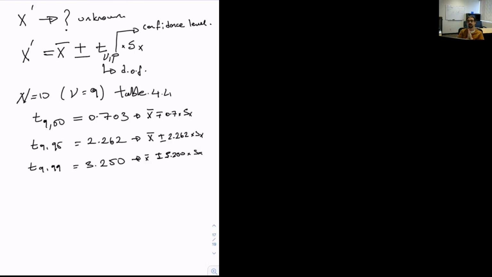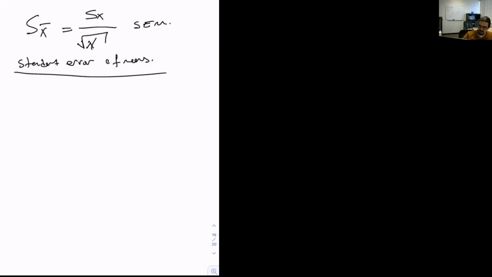For example, I am 50% sure that the measured values will be in this range, but if you want to say 95% of the measured values are in a certain range, you have to increase the confidence level. That's why your t-value gets bigger, and much larger at the 99th percentile. So this gives you a precision interval based on the probability level.